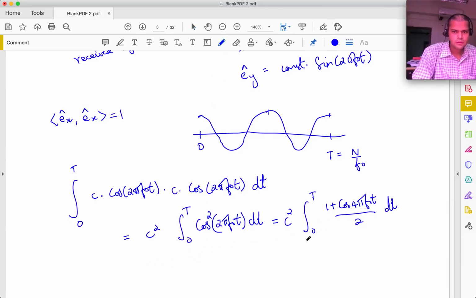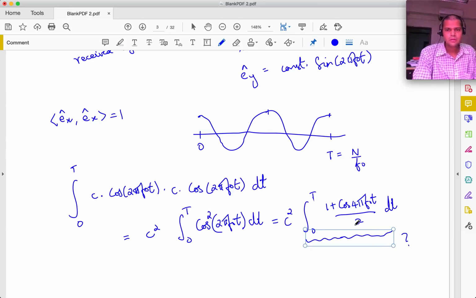That's what we have to think about. This is just a cosine with twice the frequency at which we were sending the signal, and T is a multiple of the number of wavelengths. So what is this signal going to integrate to?